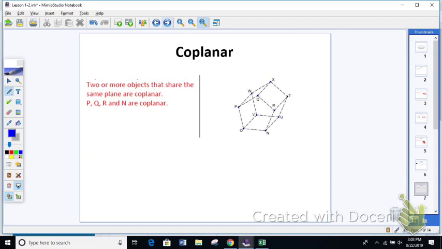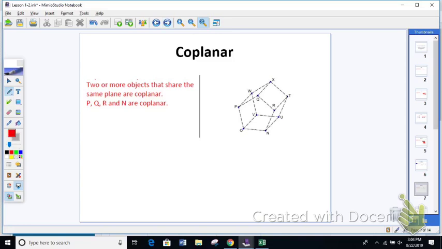A couple things that are helpful is marking on that picture, whether you're just darkening things or using colored pencils, using highlighters, whatever helps you to help visualize that information. So it says 2 or more objects that share the same plane, so the same flat surface, are coplanar.